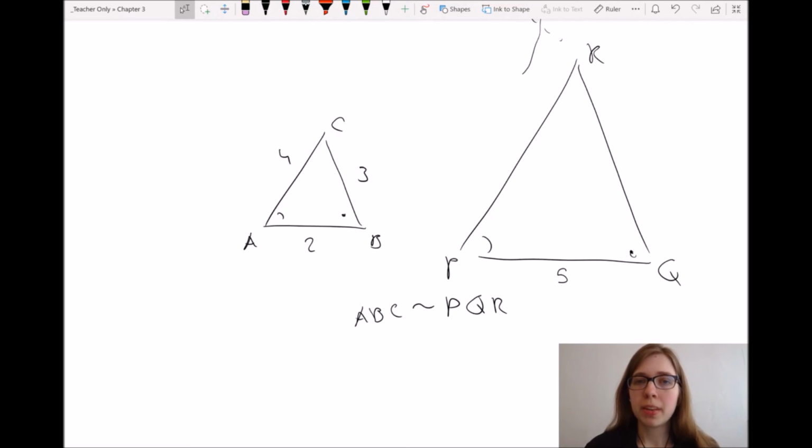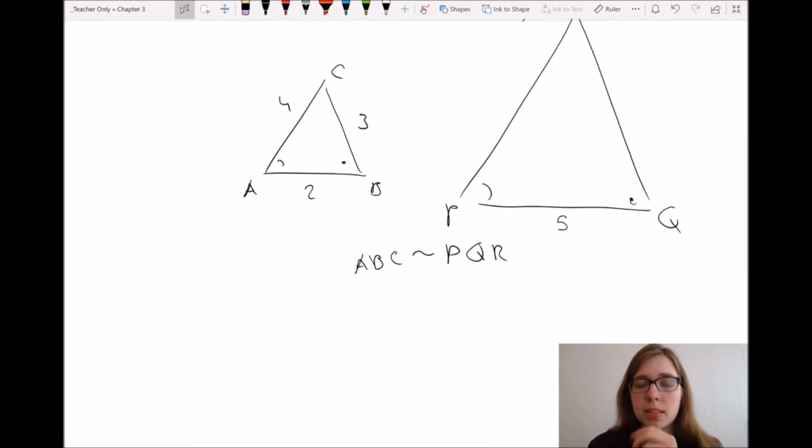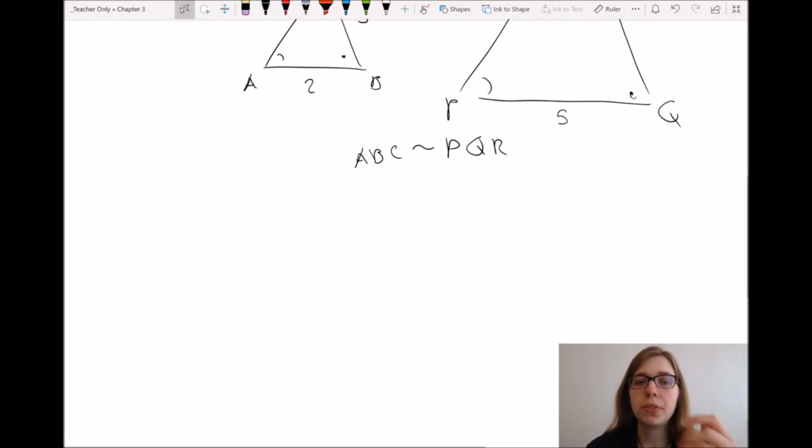So I realized later on that I kind of skimmed over this symbol for similarity and that I should say a few more things about this. So first off, this tilde, this wavy symbol, tells you that, in this case, ABC is similar to PQR. And I've only done this with triangles here, but this symbol also works with any other shape.